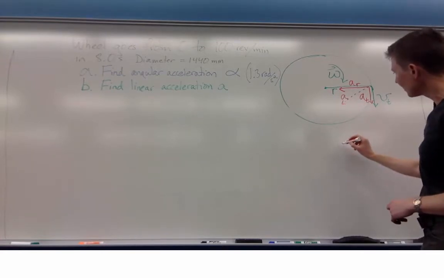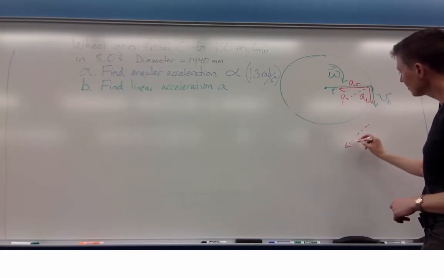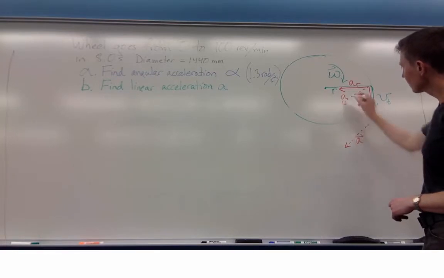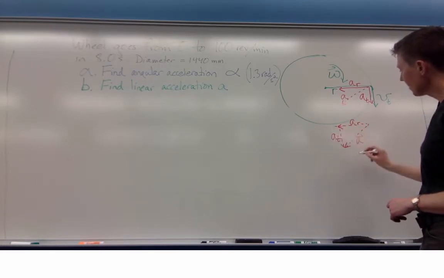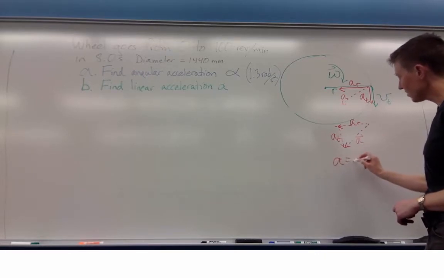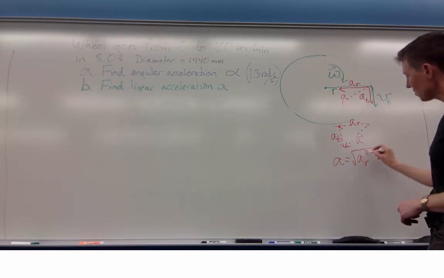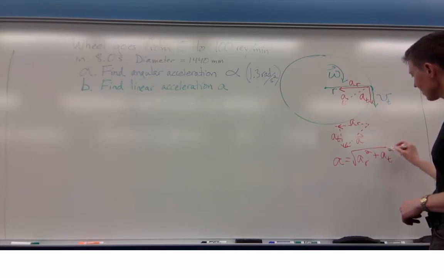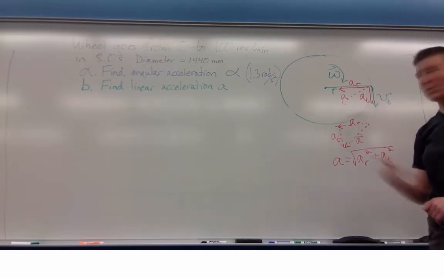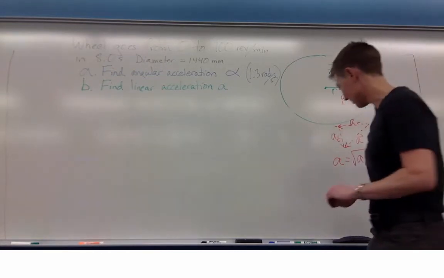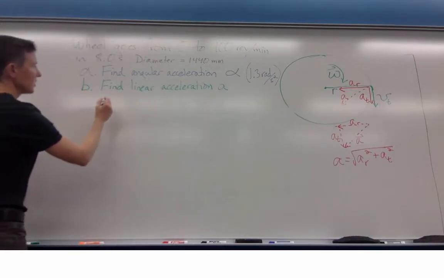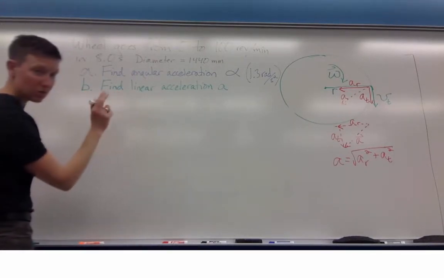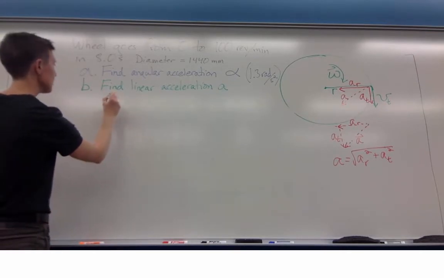So this is a right triangle, which I can draw again down here. There's the vector A. And it has two components, A sub r and A sub t. A equals the square root of A sub r squared plus A sub t squared. Okay, so let's figure out how to substitute in some values and concepts over here. We're looking for our linear acceleration A, and we need to know the two different components, the radial acceleration and the tangential.